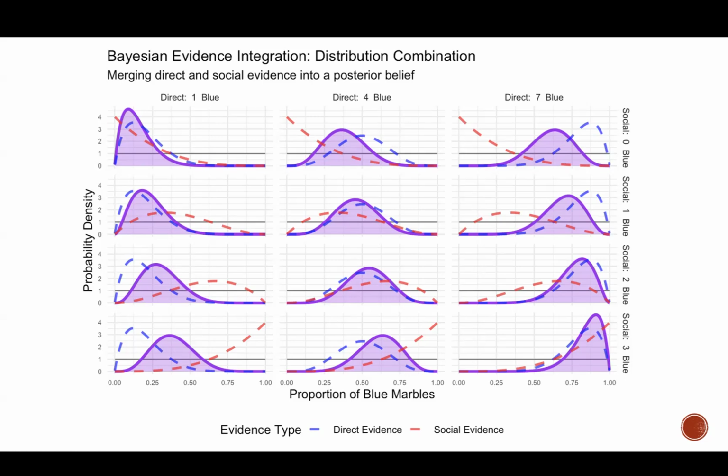We see that the red evidence, the red source of underlying rate for the social evidence, is more confused, is less confident than the blue one, right? And that follows from the way that we coded the data, right? We said that the social evidence comes from sampling 3 marbles, right?